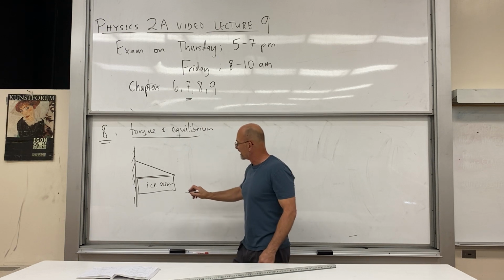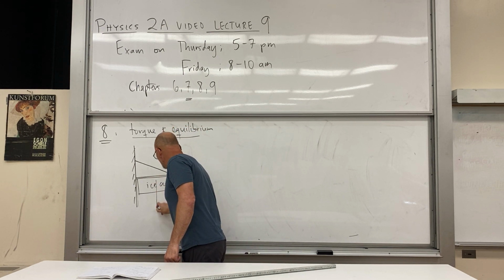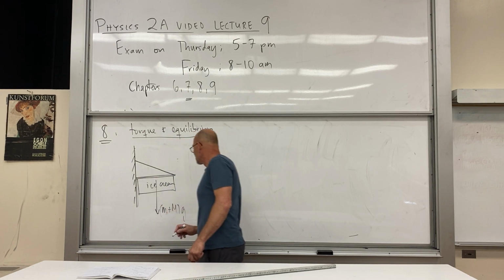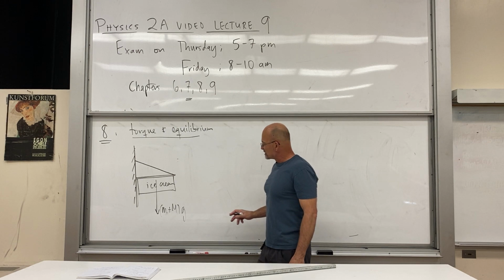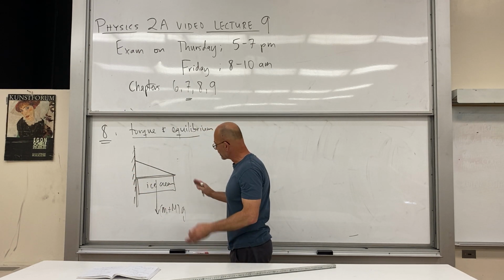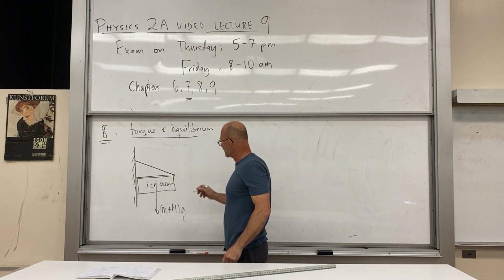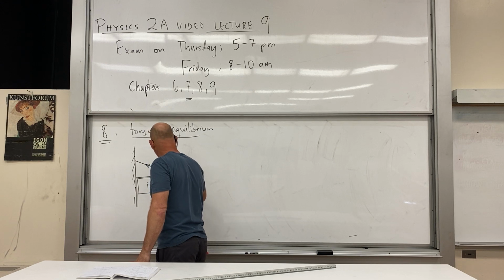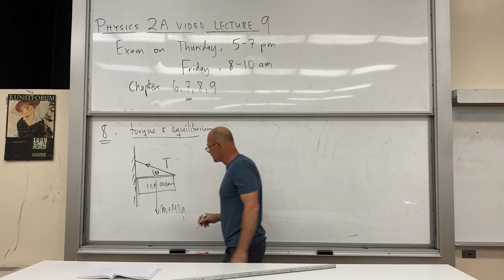And then we start to have some kind of mg. I'll even write m plus m times g, because I made the ice cream sign and the bar the same length on this one, so I don't have to worry about the different centers of mass. Then I have a tension pointing in that direction, T, and angle theta.